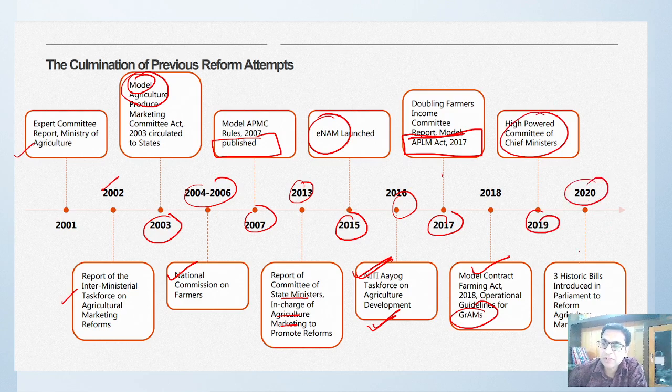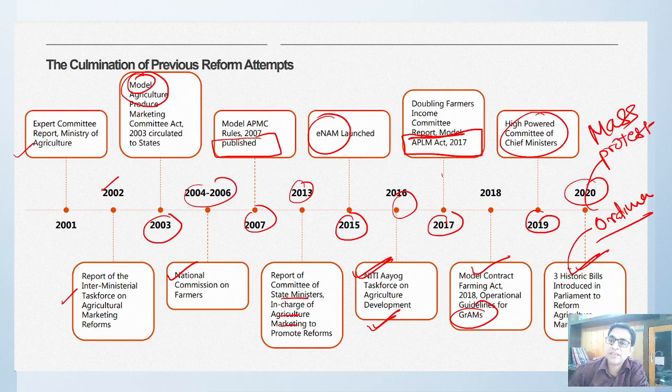Then in 2020, three historic bills were introduced in Parliament to reform agriculture. They were ordinances, but because of the mass protest by the farmers, these laws were repealed by the government. Okay, so this was the timeline of agriculture marketing in our country.